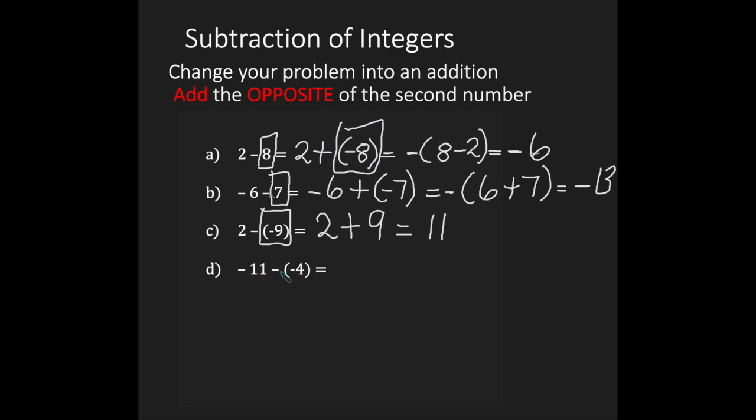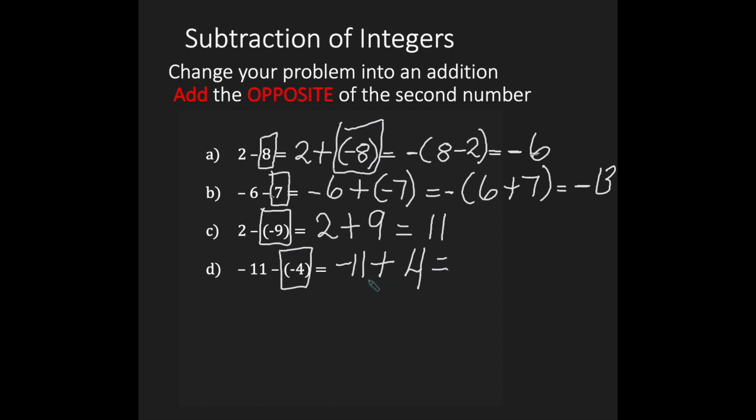The last one, negative 11 minus negative 4. As always, we keep the first integer. We add the opposite of your second integer. My second integer is negative 4. Its opposite, positive 4.